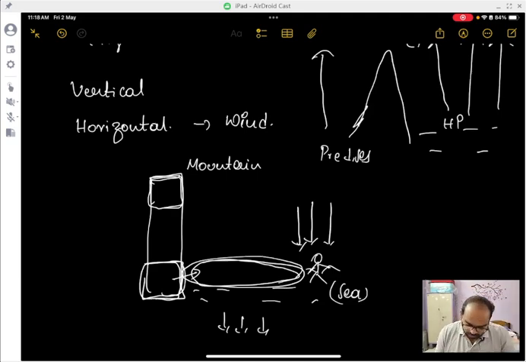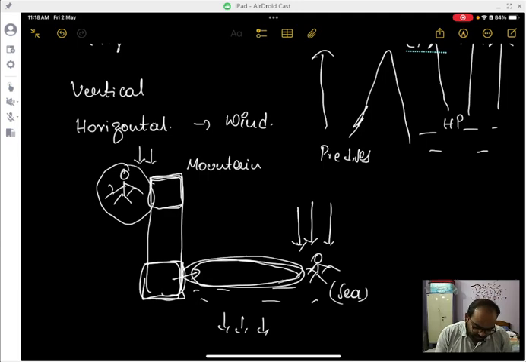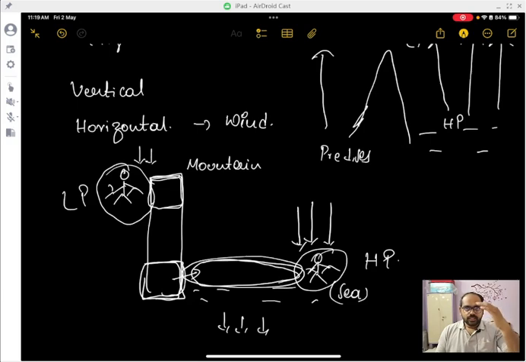But if the man is standing at a higher level, there are not many upper layers of air to induce pressure upon him. So here he experiences low pressure, and at sea level he experiences high pressure. That's why pressure decreases with increasing height, because the amount of air decreases as we move upwards.